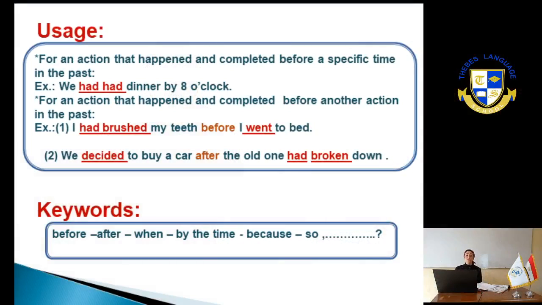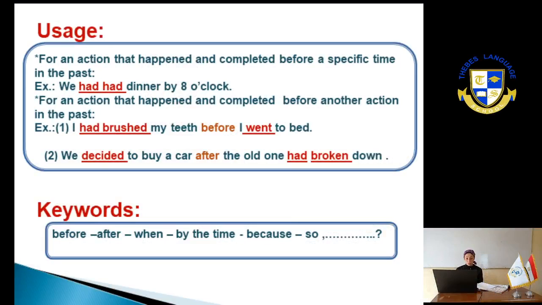So after past perfect, it's something like a game or something like a song. After past perfect. But before after, we should use the past simple tense. So we decided to buy a car after the old one had broken down. Actually, you're not going to find this different than the main usage that we have mentioned a little bit before.